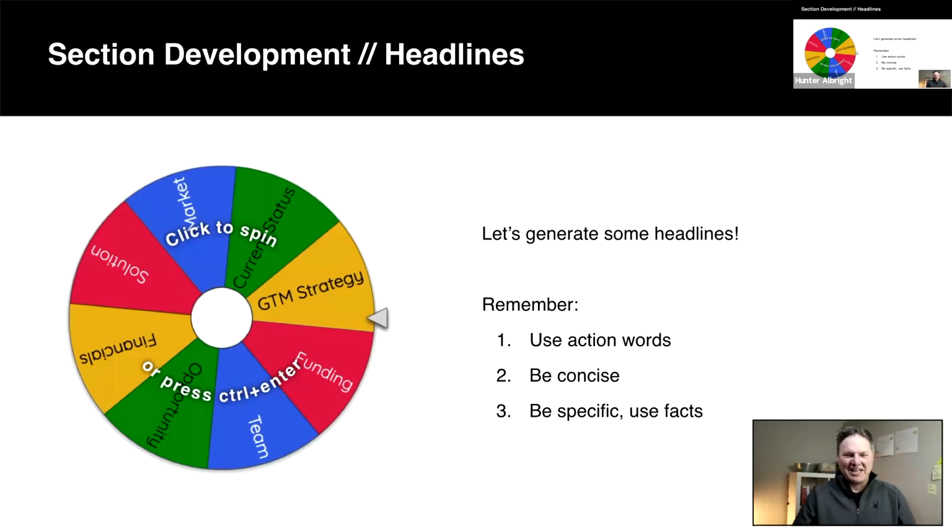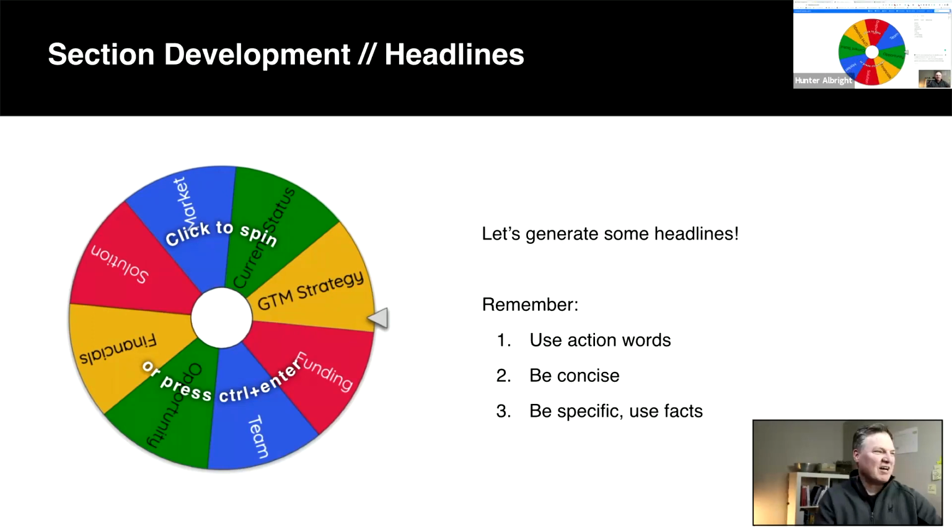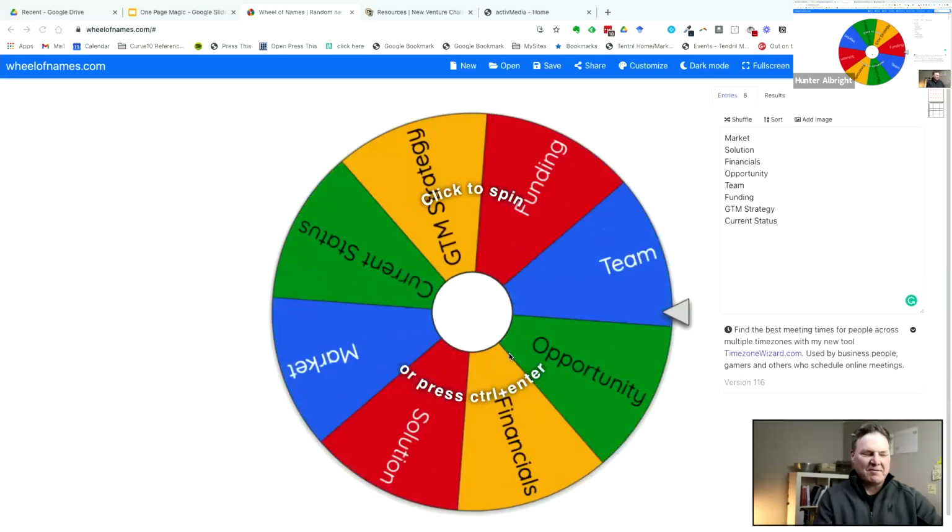We'll do this 2 or 3 times to give you a little bit of a flavor of what needs to be in your executive summary. And would love it if people would share some of their headlines to help inspire your colleagues and your peers here. So, all right, let's go. Let me go back to the screen that I was showing, and we'll go to the wheel. And I'm going to spin it, and we'll see what we get for the first go around.